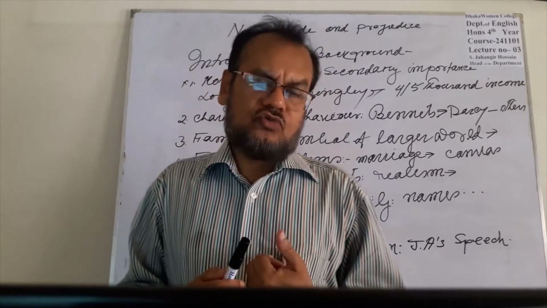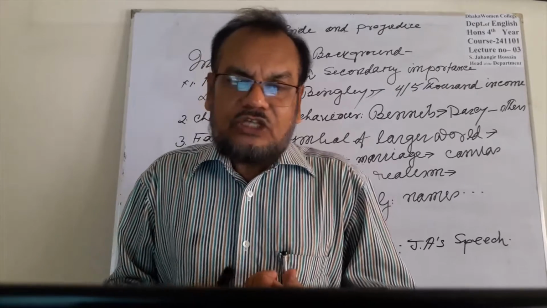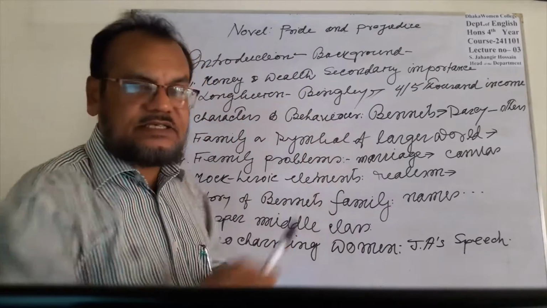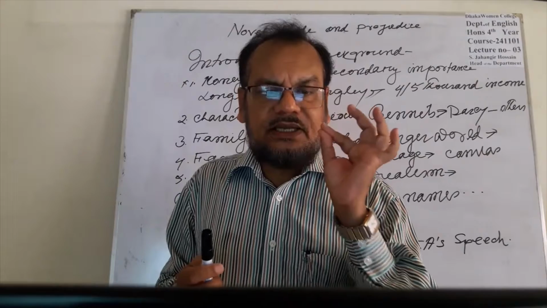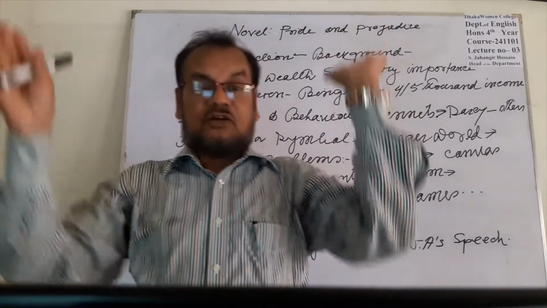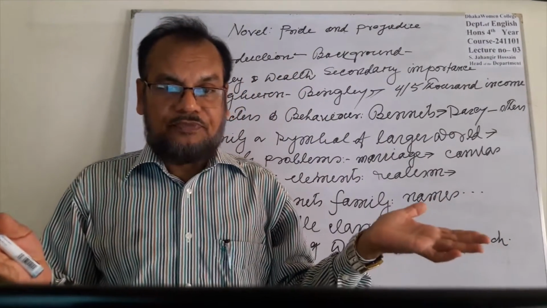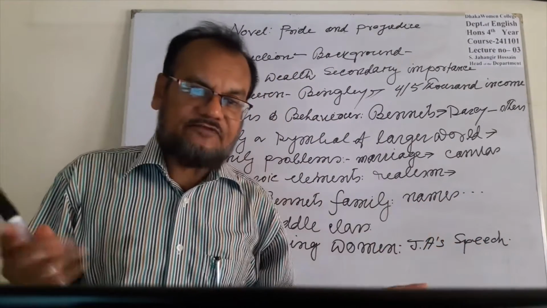So family is the root of all progress, all development. So here Jane Austen very nicely presented family as a larger world. It's a big world to develop any member of that family.